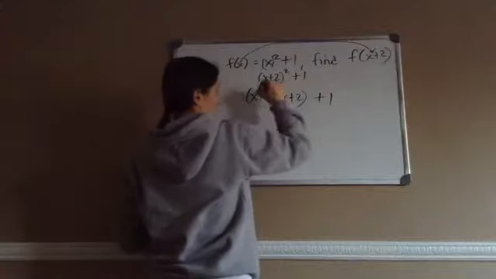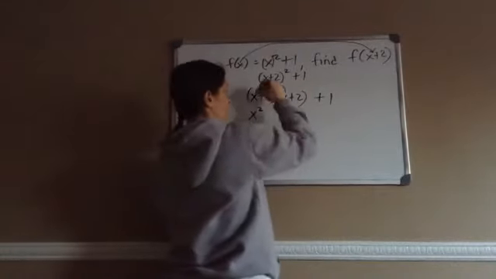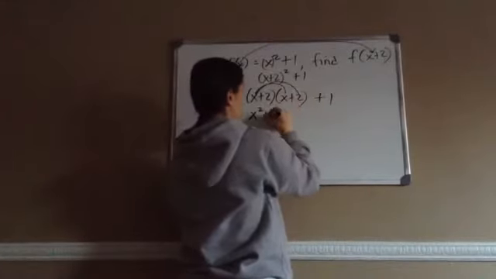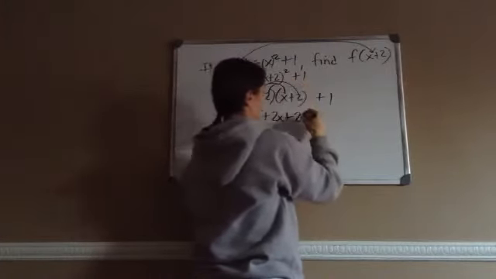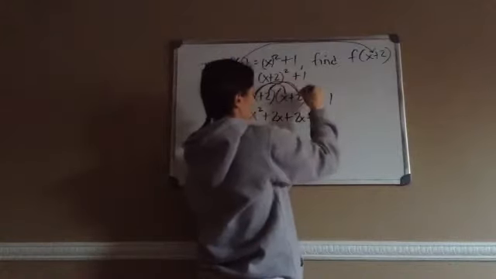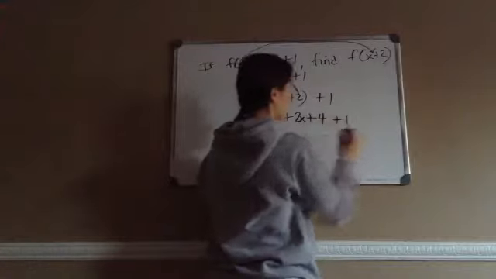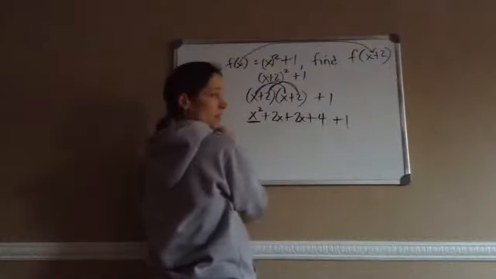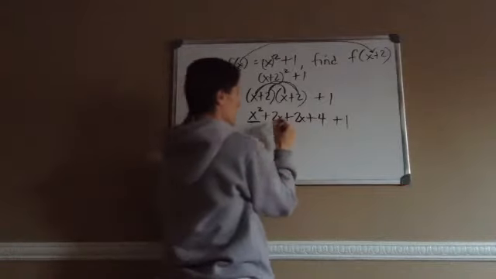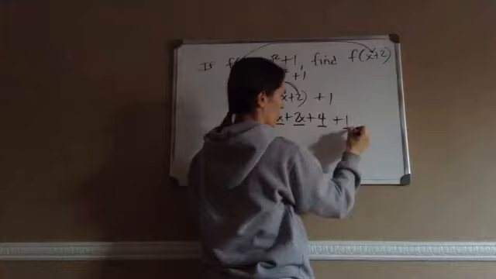Okay? So now x times x makes x squared. Plus 4x: x times 2 makes 2x, 2 times x makes 2x, 2 times 2 makes 4. Okay? Plus 1. This is something, x squared, this is like dog. 2 cats, 4 of whatever, and 1 of whatever.